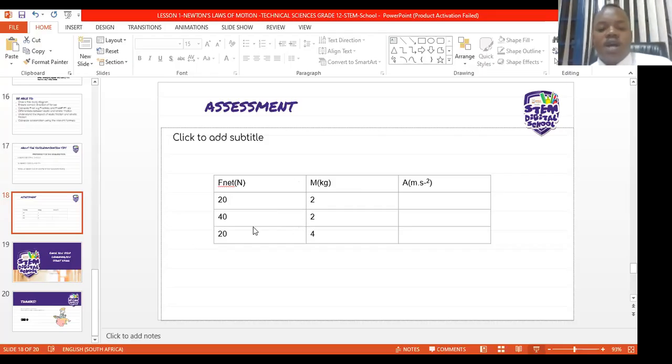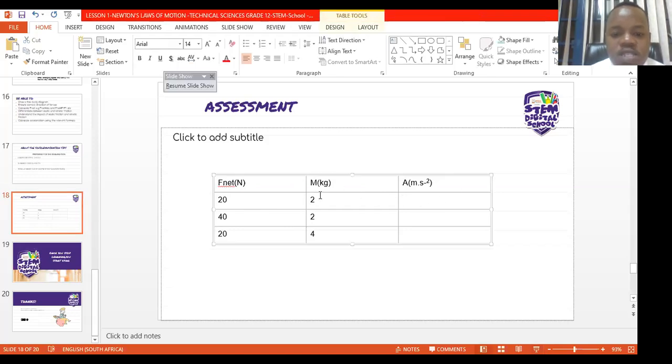So where I see Fnet, I would substitute 20, and where I see mass, which is m, I would substitute 2. And then to calculate my acceleration, I will see that my acceleration will give me a value of 10, because it will be 20 divided by 2.